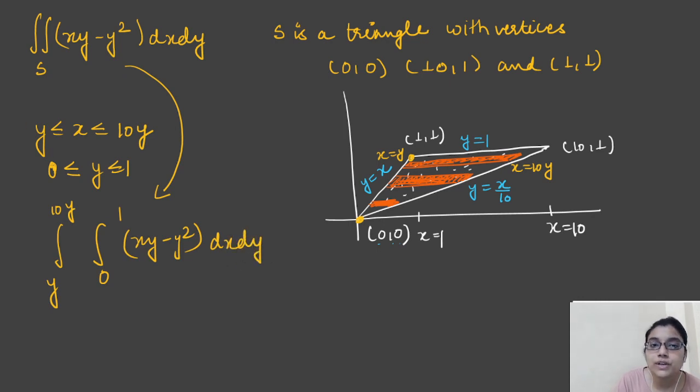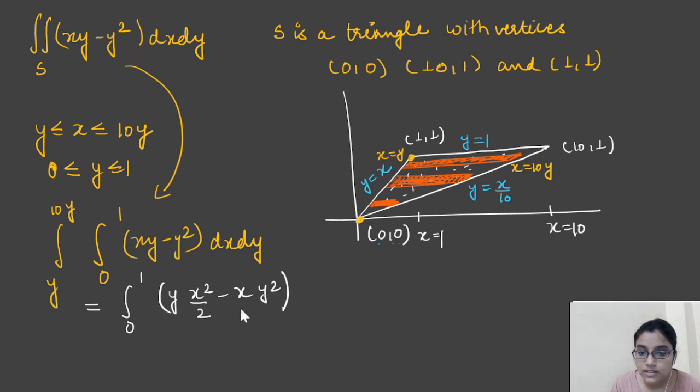So now what will you do? You will integrate with respect to x first, because the limit of x is in terms of y, treating y as a constant. So this is y, x square by 2, then this is x y square, from y to 10y, dy, with y from 0 to 1. Let's solve it in an easier way.